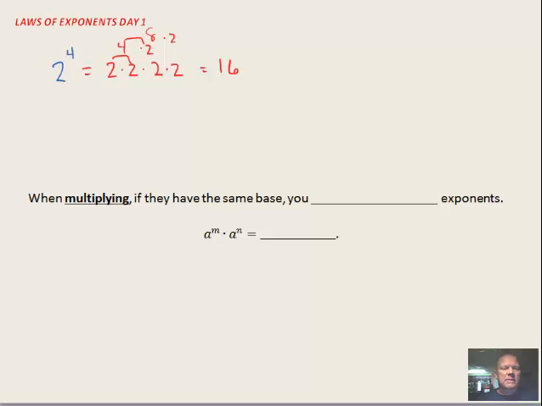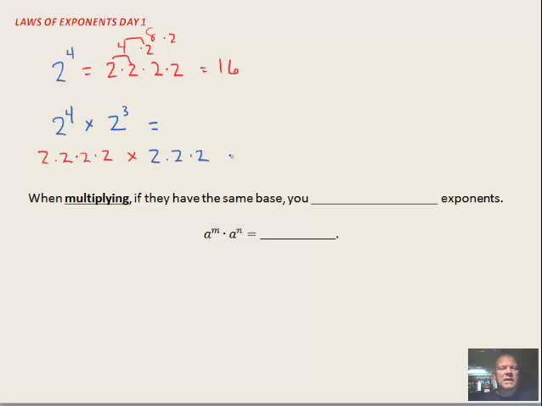Alright, so the example is we're going to look at if I had 2 to the 4 and I wanted to multiply that by 2 to the 3rd, so it's got the same base. If you'll remember, 2 to the 4th we just talked about is 2 times 2 times 2 times 2. That'd be times 2 to the 3rd, which is 2 times 2 times 2.